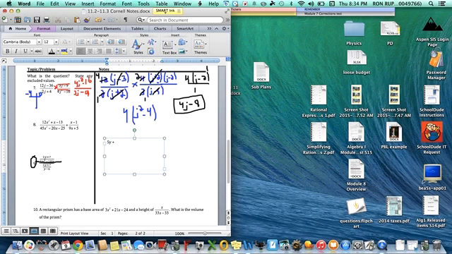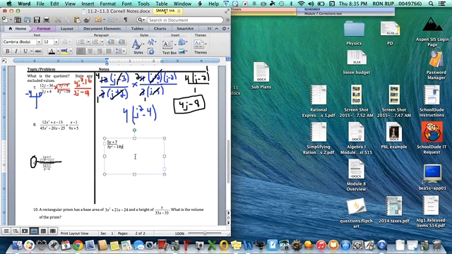So 5y plus 7, we'll underline that, over 3y squared minus 18y. So there's that fraction.